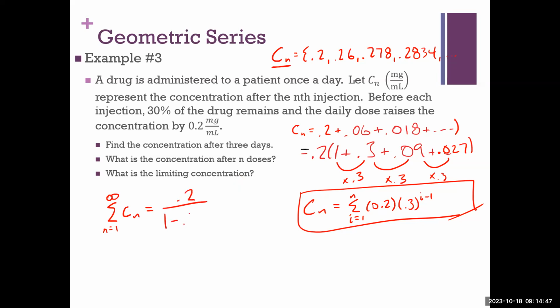It's the first term over one minus r, which is 0.3, right? So I should get 0.2 over 0.7. And just for good measure, let's approximate that. I think that's about 0.286. So even after 4 doses, we were getting very close to that, right? That's that 0.286. We're going to get arbitrarily close to that.